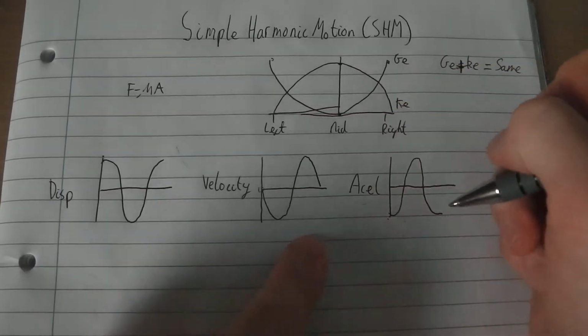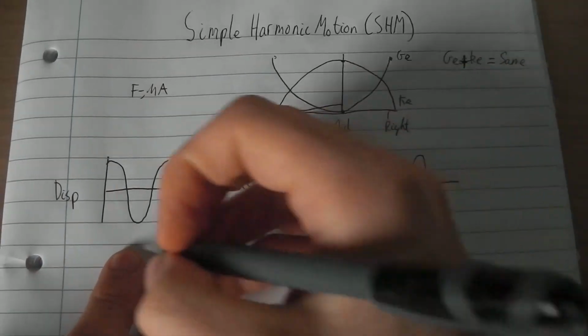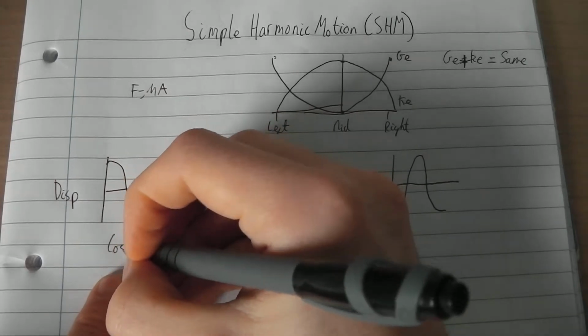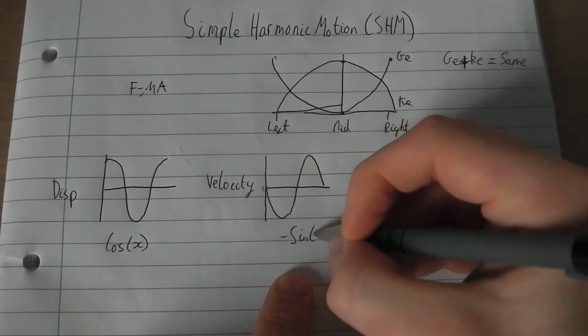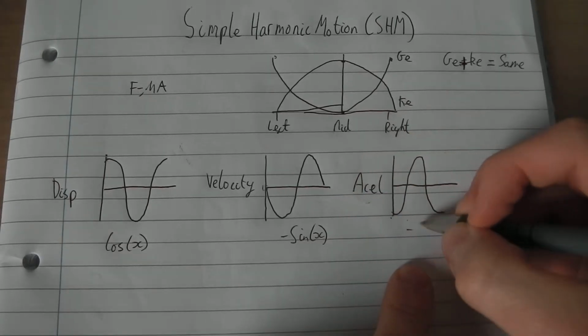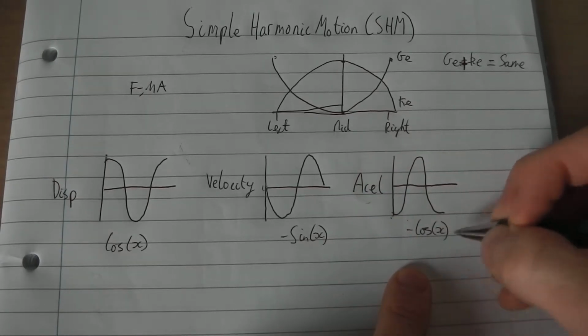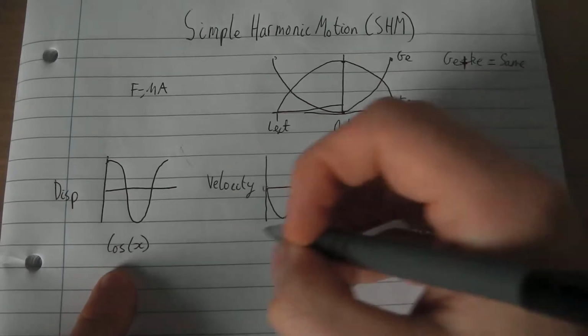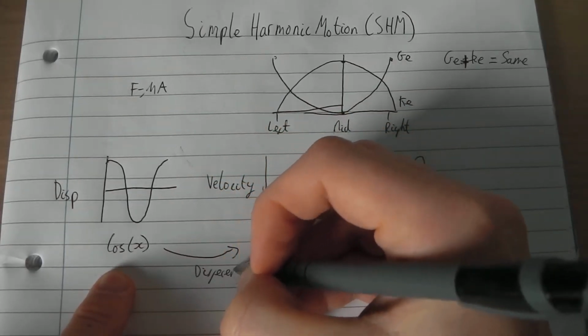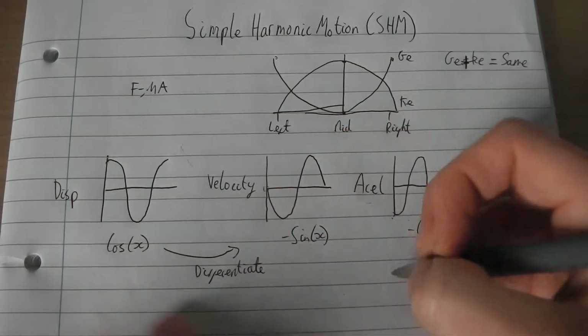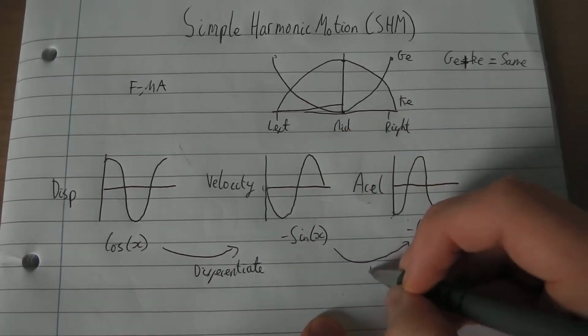Now, if we think about the equations of these lines, the equation of this line is cos x, the equation of this line is minus sin x, and the equation of this line is minus cos x. Now, to get from that to that, you differentiate. To get from that to that, you differentiate.